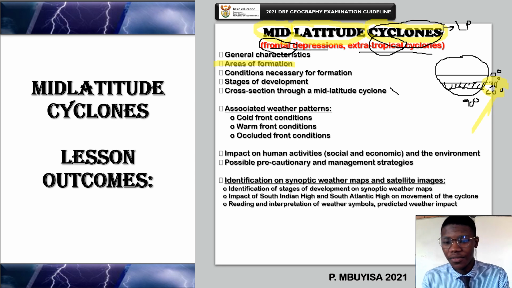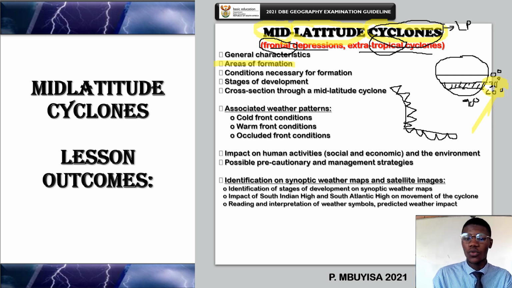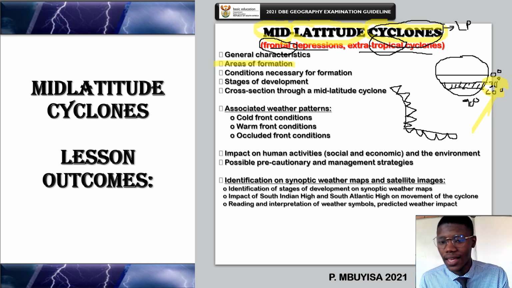And yes, they have fronts. They have a cold front that we show like this, and they also have a warm front that we show like this with semicircles. So a cold front has triangles as symbols, and a warm front has semicircles. So those are your characteristics.